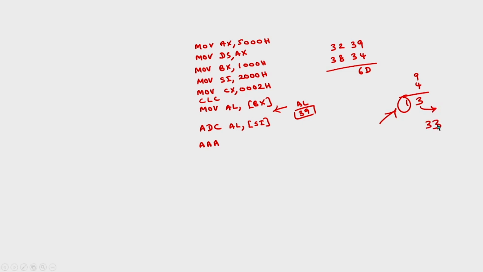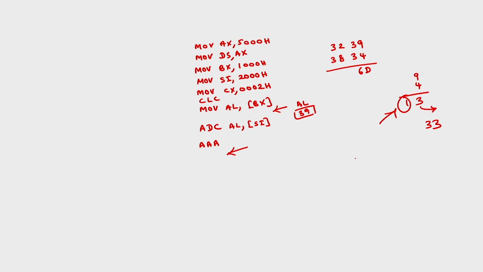So, I want to store 33 into destination register, but after AAA what happens is this will give unpacked BCD result. So, you can refer to this AAA instruction. AAA instruction basically stores the result in unpacked BCD form, it is not direct ASCII. Okay. So, only this 03 will be stored after this.